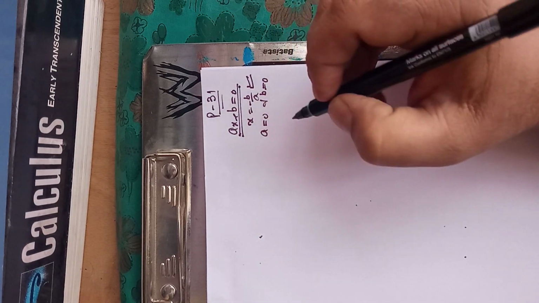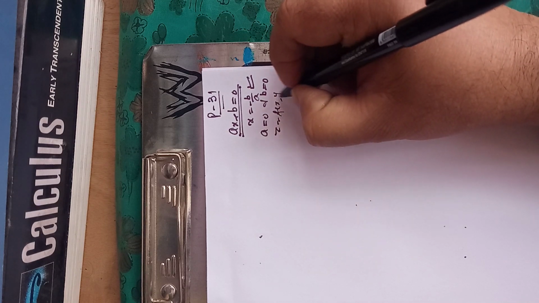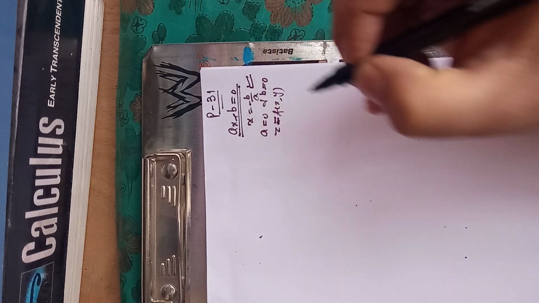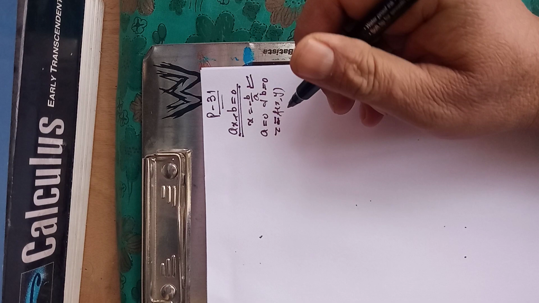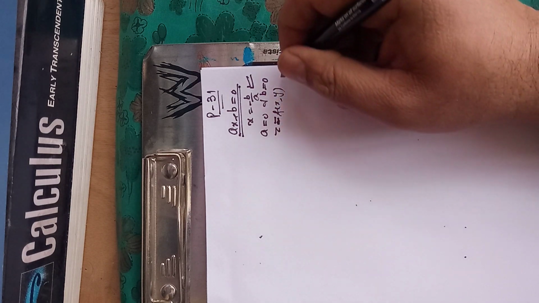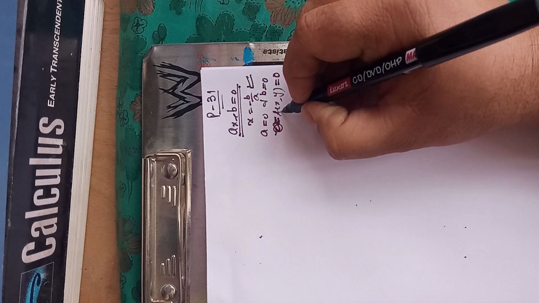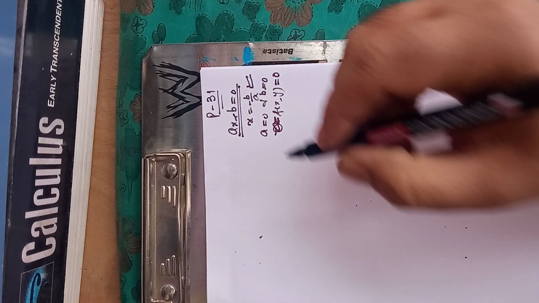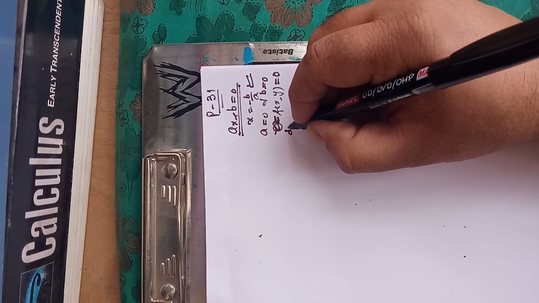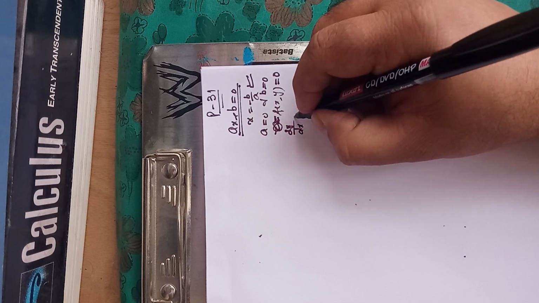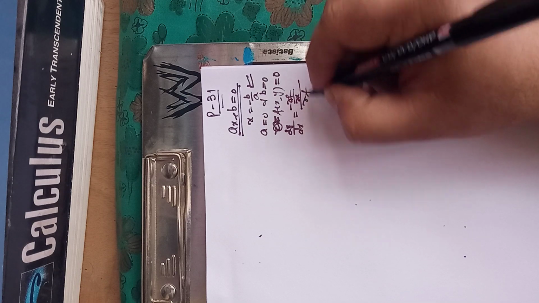Similarly, when you have z as a function of x and y, let me write this function f(x, y) = 0. If I have to find dy/dx in terms of partial derivatives, it is -(del f/del x)/(del f/del y). I have shown you this.